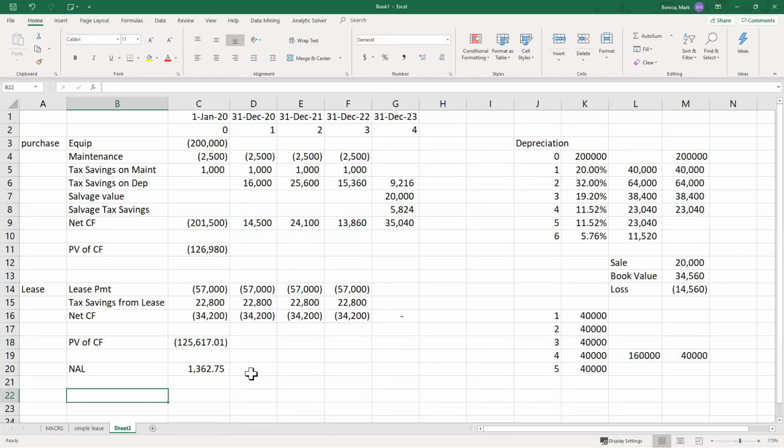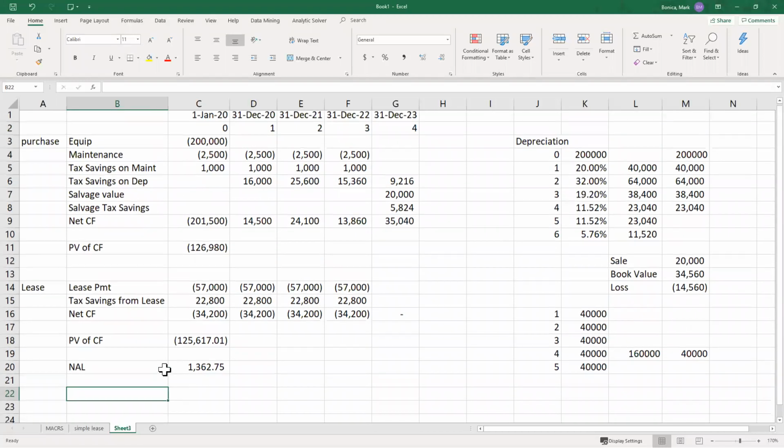So you could say, does this give me a higher percent return? But in order to do that, you have to calculate the NAL slightly differently.